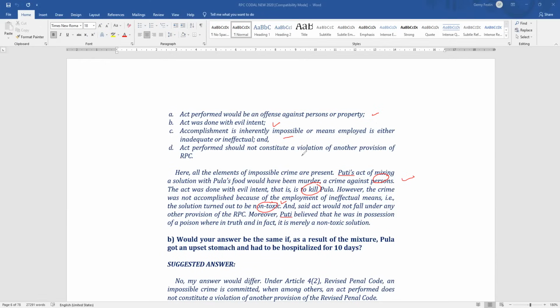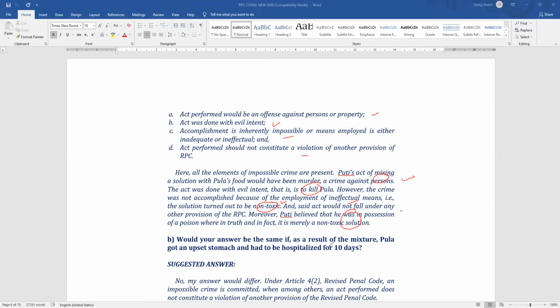Next. It is not punishable under any other provision of the RPC, so it will not fall under any other violation of the RPC. And moreover, Puti believed that he was in possession of a poison, when in fact it is merely a non-toxic solution.